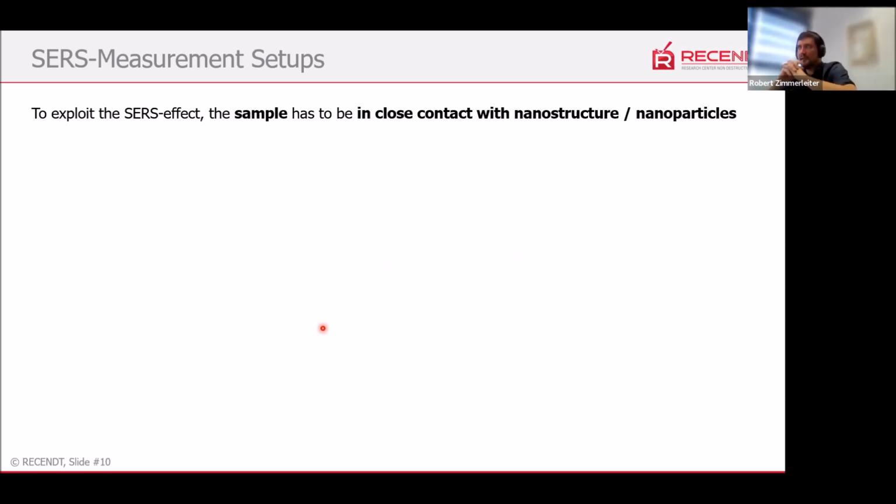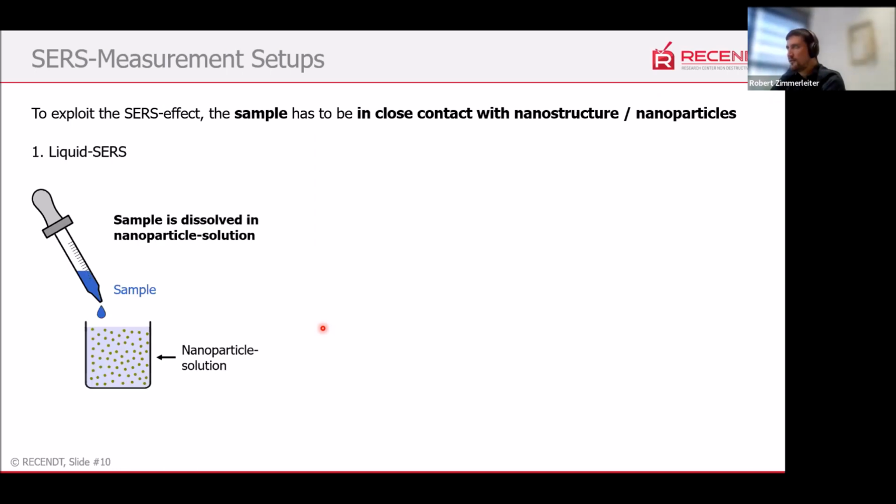So in order to exploit this SERS effect, the sample has to be in very close contact with the nanostructure or nanoparticles. And there are basically two ways this is done. The first one I will refer to as liquid SERS, which is when you have a nanoparticle solution. So you have your nanoparticles in some form of liquid solution.